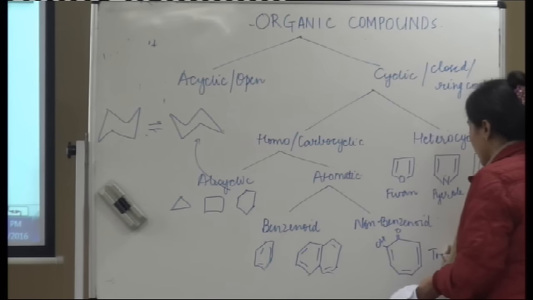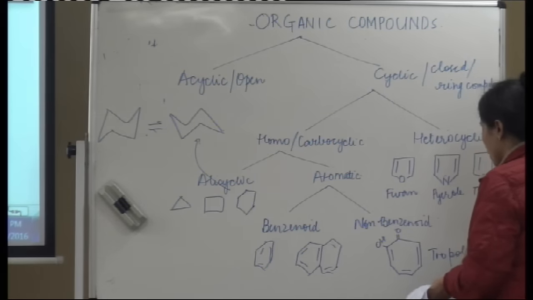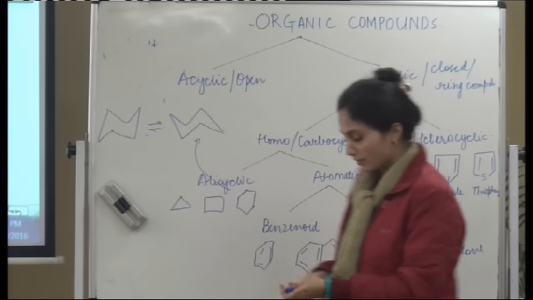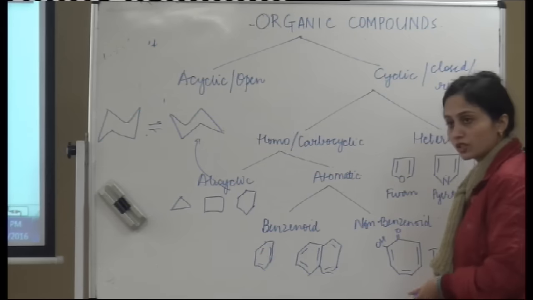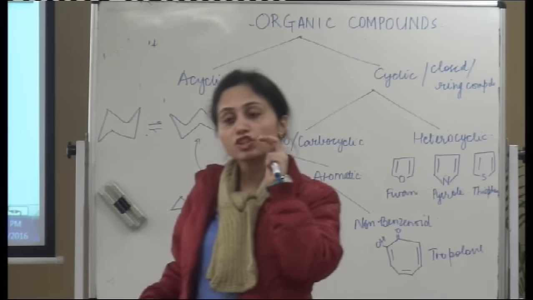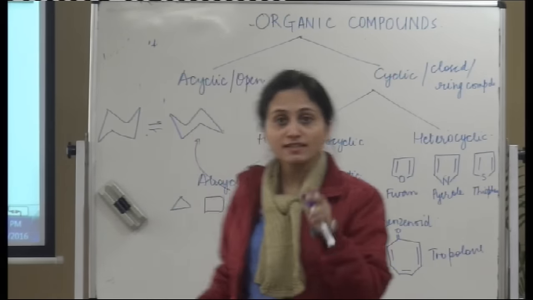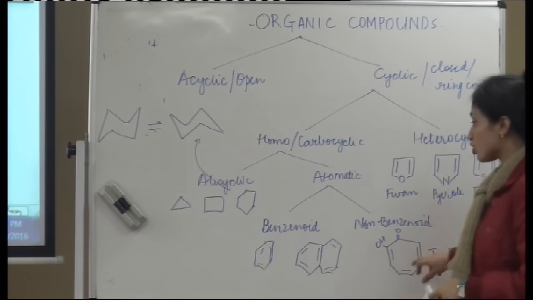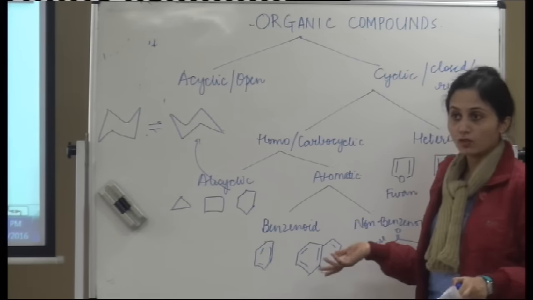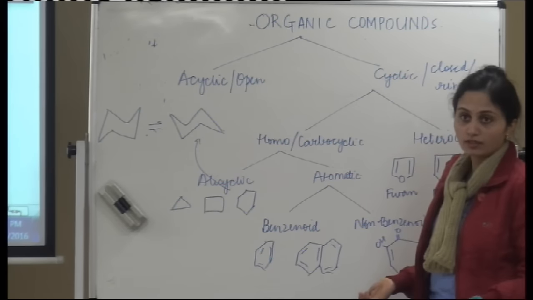There is no need to learn this structure, because by and large you should be remembering all these names. Tropolone is not to be remembered. You can just see that something which is not similar to benzene but simultaneously possesses aromatic character will be your non-benzenoid category.